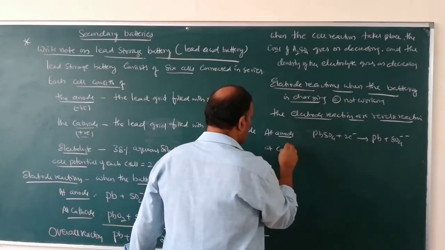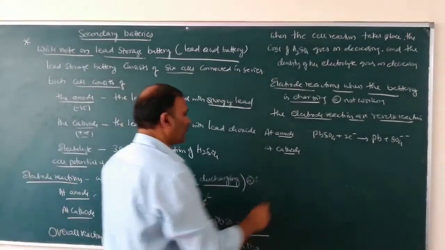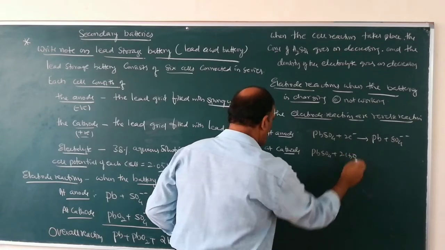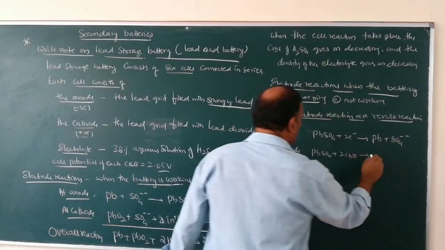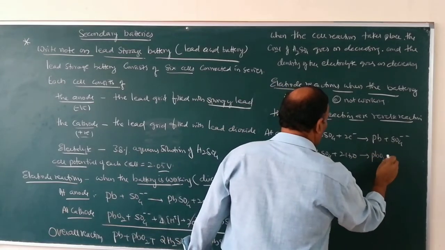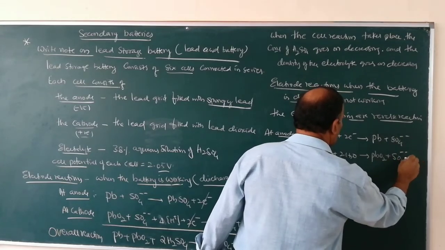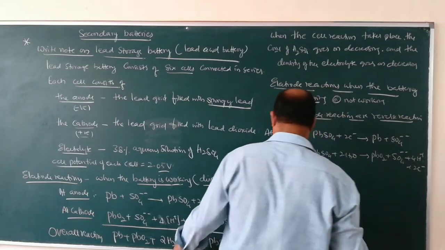Similarly at cathode, you have to reverse this reaction: PbSO4 plus 2H2O gives PbO2 plus SO4 2 minus plus 4H plus plus 2 electrons.